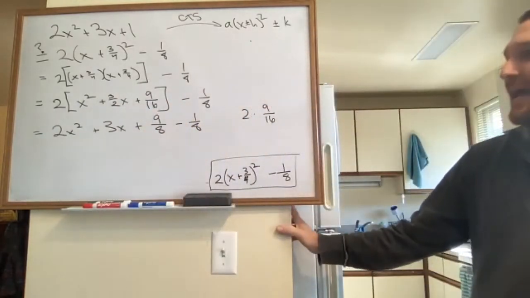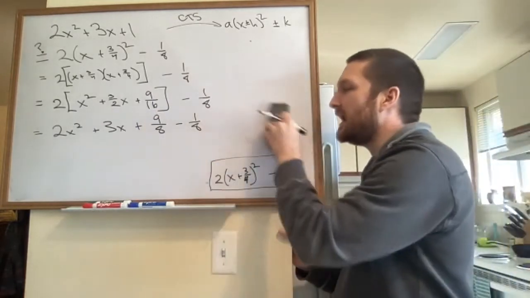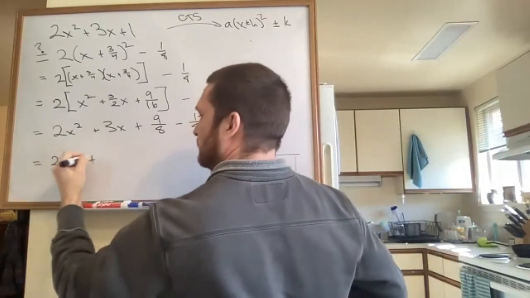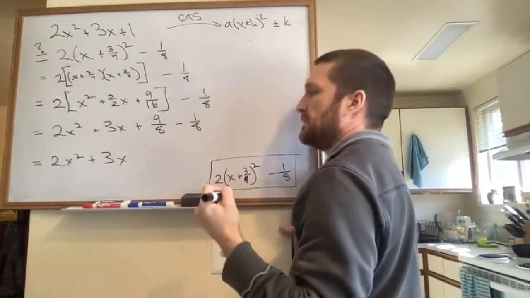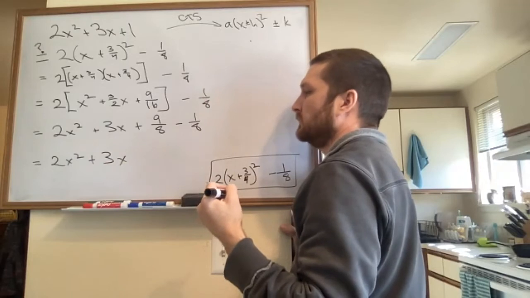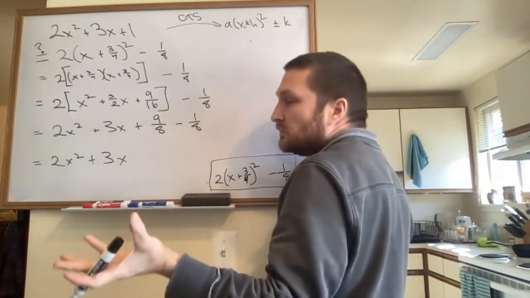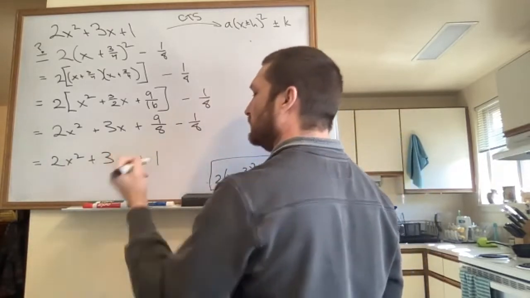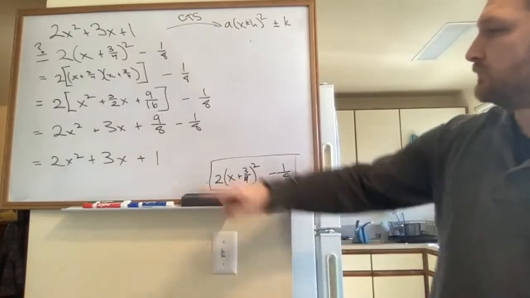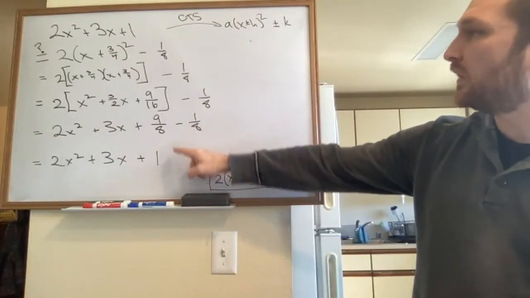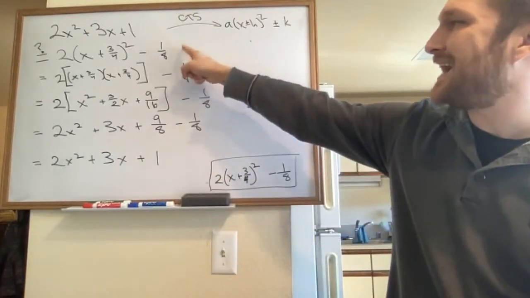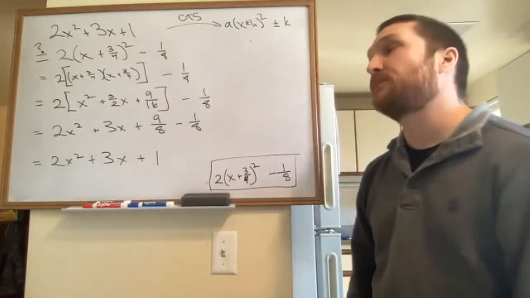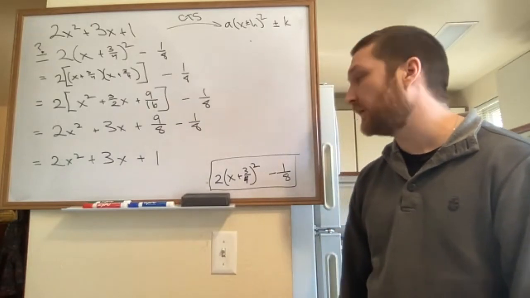Okay, 9/8 minus 1/8 is what? One. It is 1. It's 8/8, which you jumped way ahead. You jumped like 9 steps ahead and said it's just 1, which you're right. And so, holy moly, this thing is actually equal to that thing. Wow, that's pretty cool. That's pretty cool.